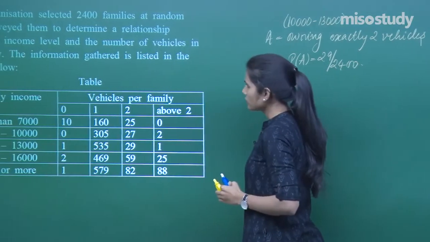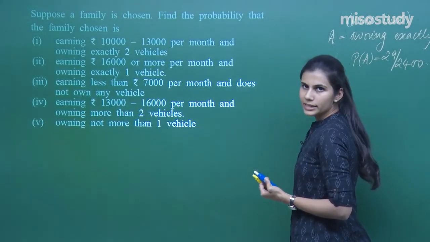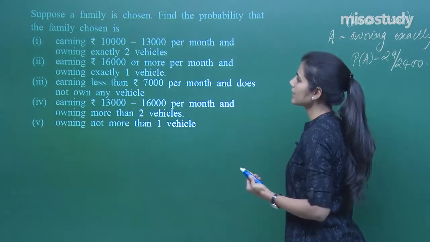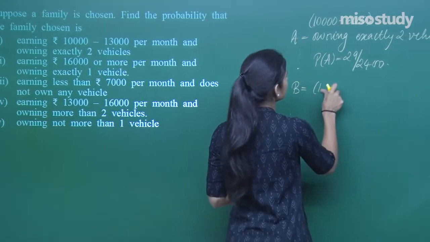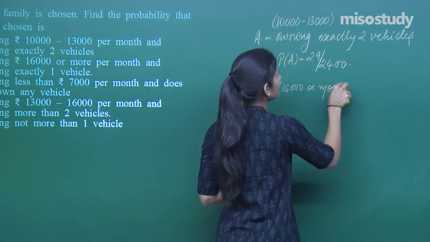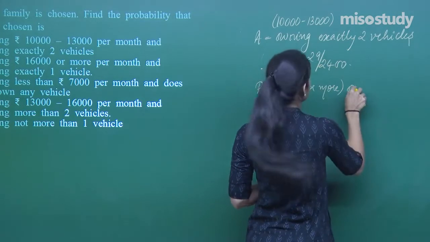Let's see what is the next question. If a family is chosen, what is the probability that that family is earning 16,000 or more per month and owning exactly 1 vehicle? So, 16,000 or more, that is the range of the income, and owning exactly 1 vehicle.